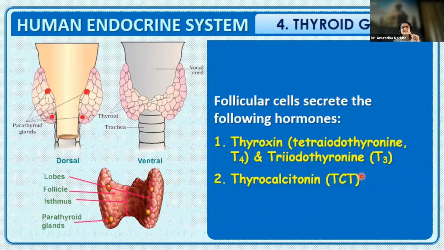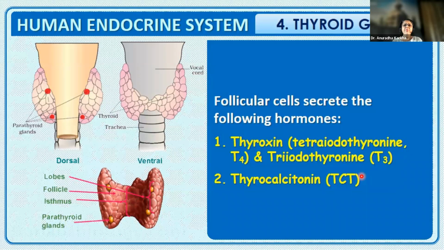Now this TSH will then move from the pituitary gland to reach the thyroid gland. And now the thyroid gland will get the signal to make T4, T3 and thyrocalcitonin, that is TCT.